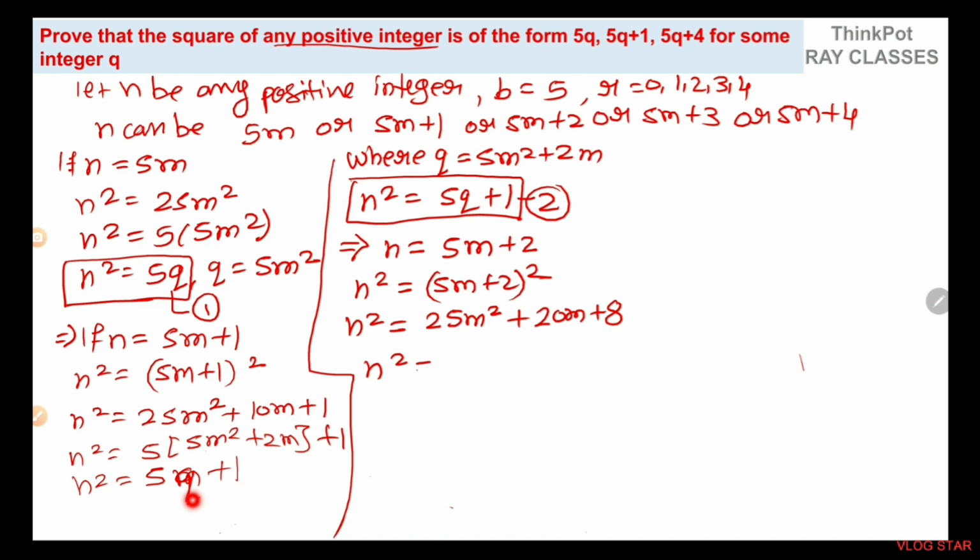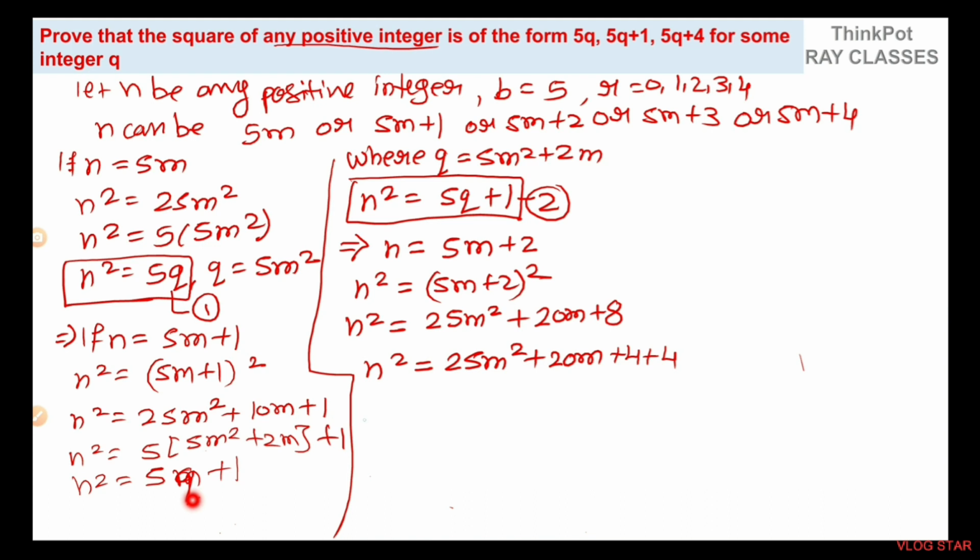So we can bifurcate this: 25m square plus 20m. That is one thing. 8 can be written as, I believe, 4 plus 4, right? We can write it as 4 plus 4.